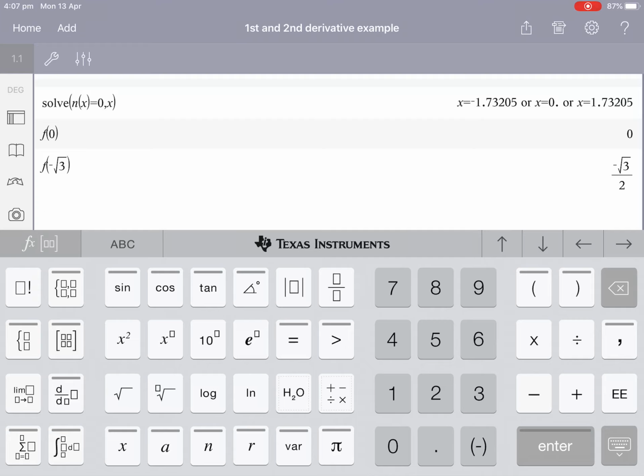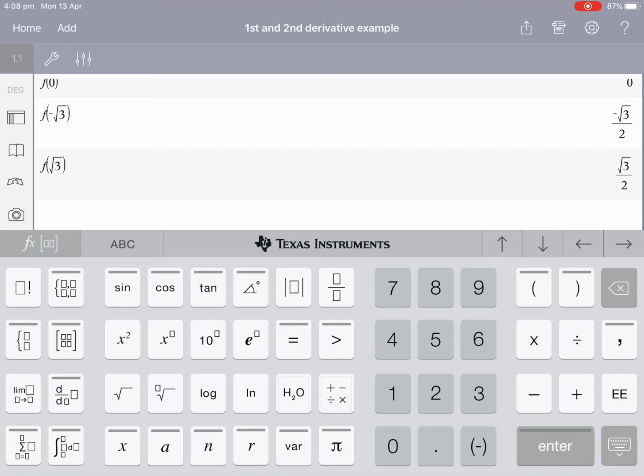All right, so it's going to be a negative value as well, so I'm still in the negative quadrant. What about when it is positive √3? It equals positive √3 on 2. So positive √3 on 2 is half of 1.7, which is roughly 0.85.